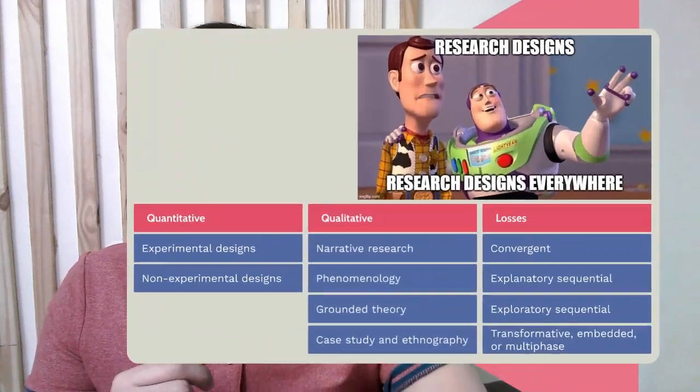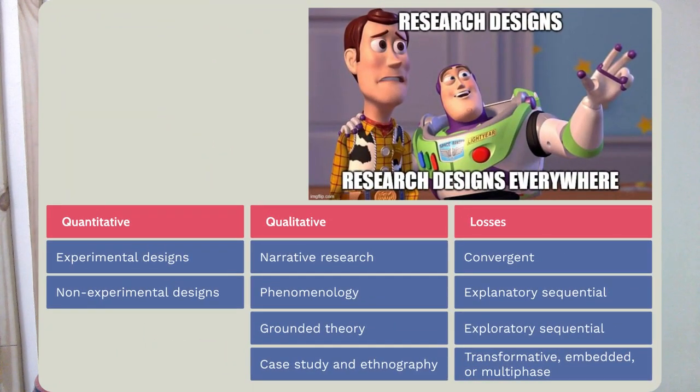In here, we summarize the research design in each of the research approaches that we have talked about. Note that instead of saying losses on the third cell, this should be mixed method. Okay, so let's first start with quantitative research.